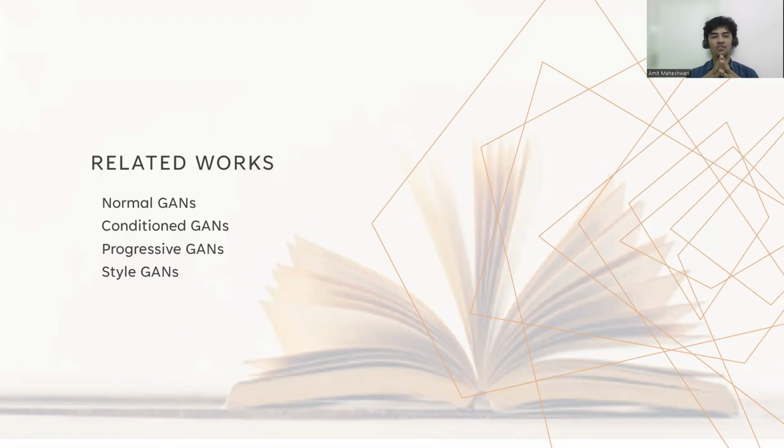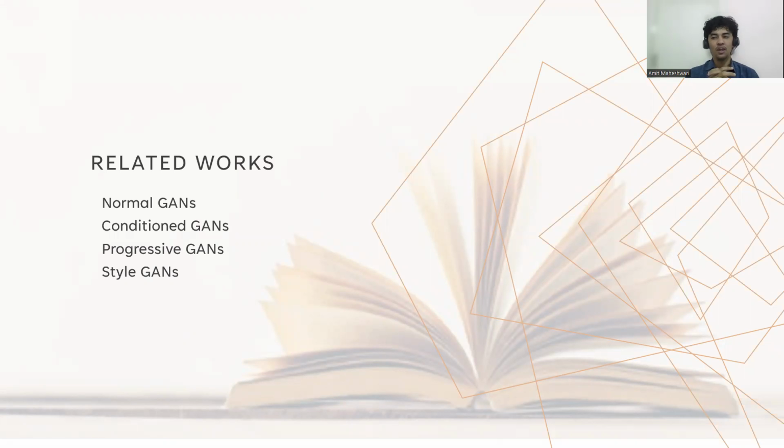Since 2014, when Mr. Ian proposed this architecture of a generator and discriminator model running together to come up with a combined architecture that is able to produce images that mimic the training dataset. After this invention, after the announcement of the GAN, various researchers have worked on it, and various variants of the GANs have been in the community, right?